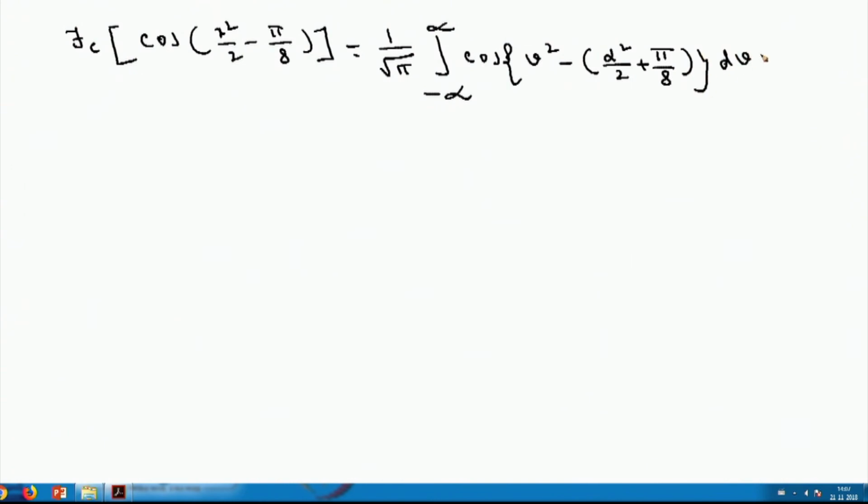Into dv. Again, I am writing your substitution: x plus alpha by root 2 equals v in the earlier integral.